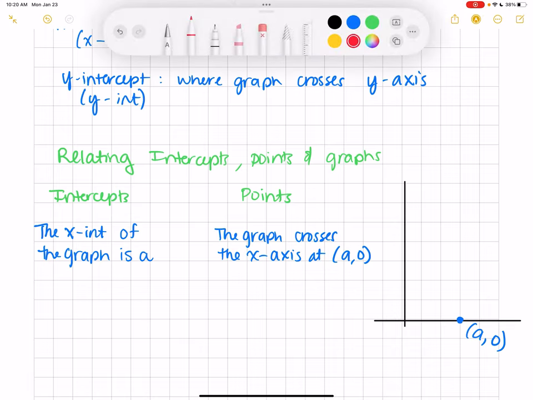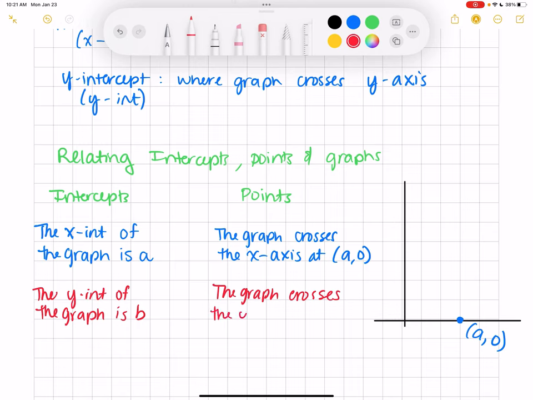And then for y, the y-intercept of the graph is B. And the graph crosses the y-axis at the point (0, B).